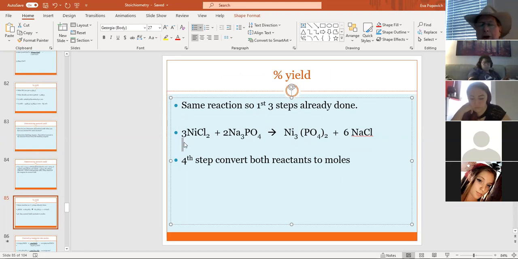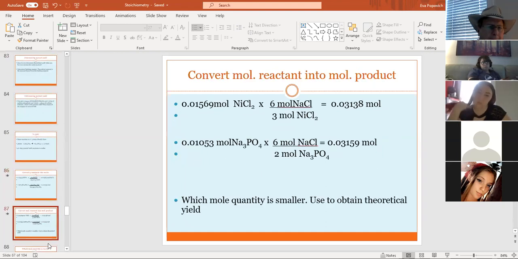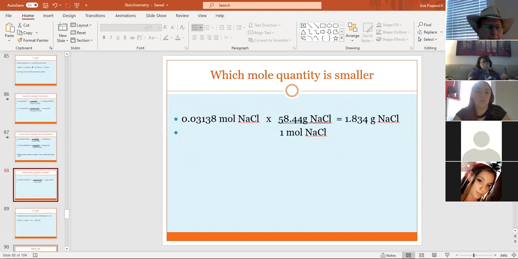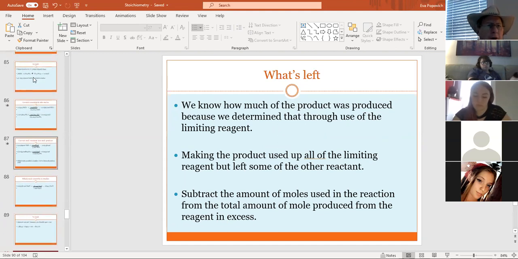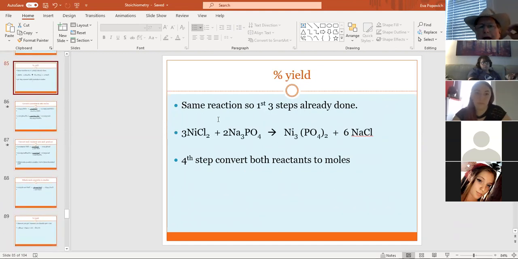So that's the strategy I'm going to be using here. And that ratio, sorry, slide 85. The ratio between sodium phosphate and nickel chloride is 2 to 3. Keep that in mind for the moment.